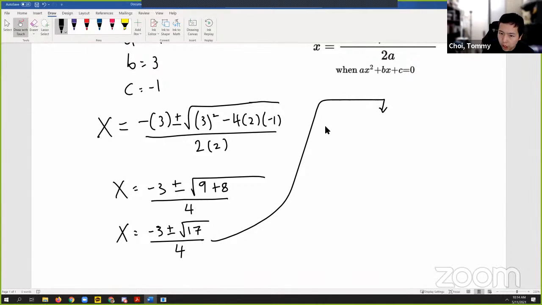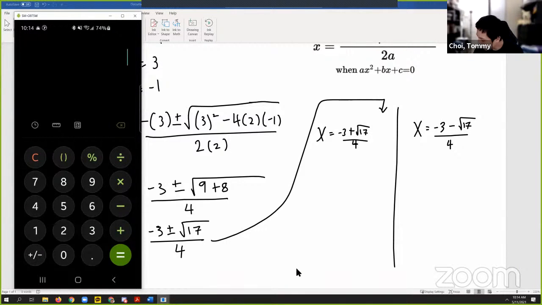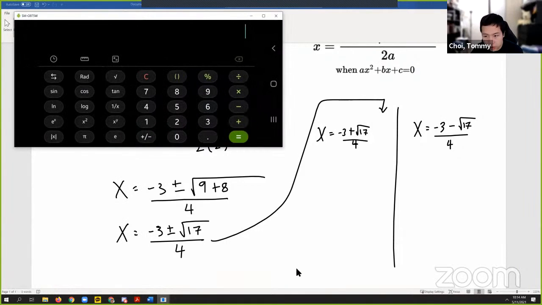Which gives us our two options. Number 1, negative 3 plus root 17 divided by 4. Or x is equal to negative 3 minus root 17 divided by 4. So on our calculator, we're going to find root 17, and root 17 gives us 4.123.